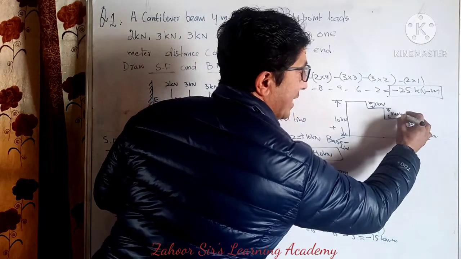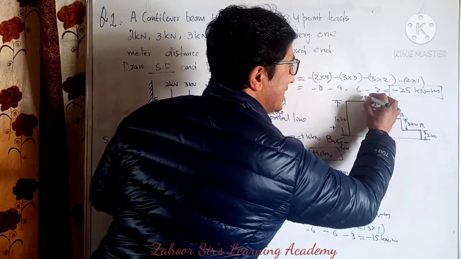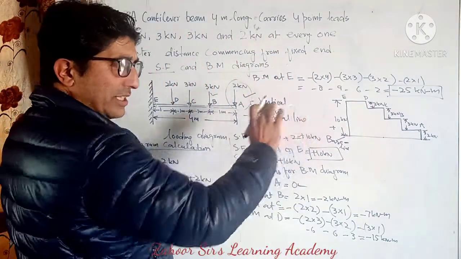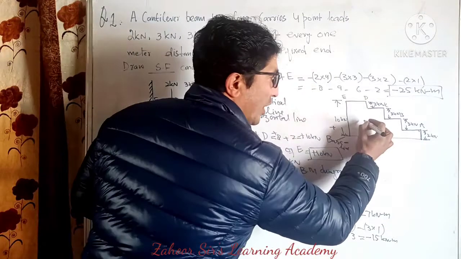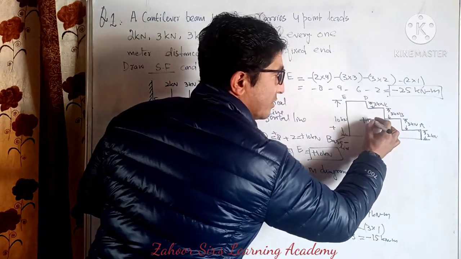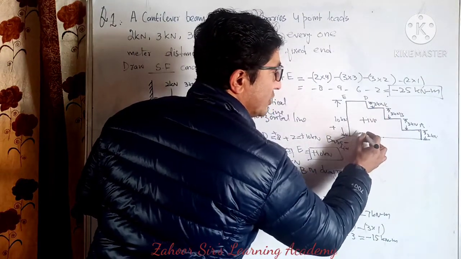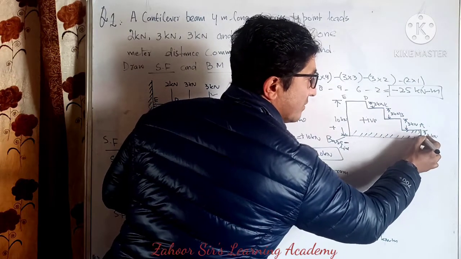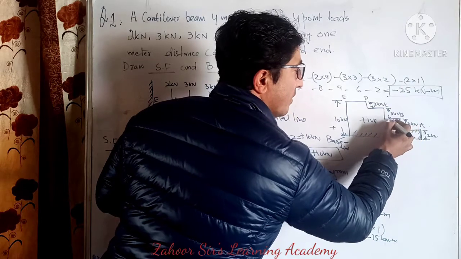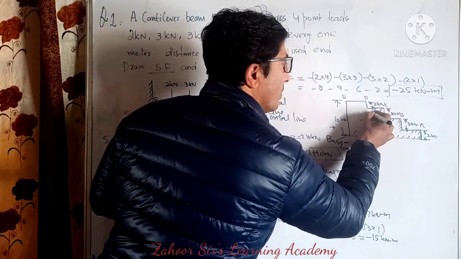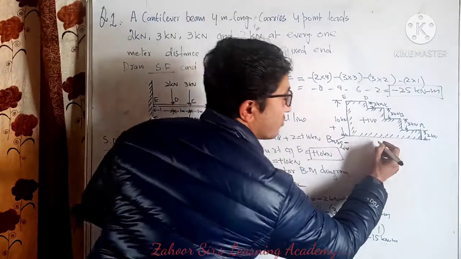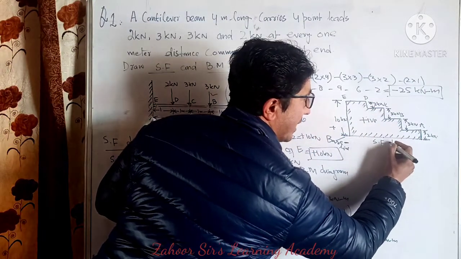It is A, B, C, D, and this point is E. Because this whole diagram is positive, you have to write in between that it is positive. Then you have to do the hatching. So this was our SF diagram.